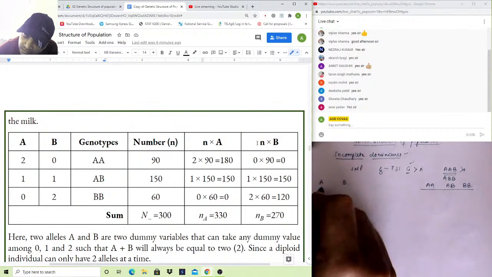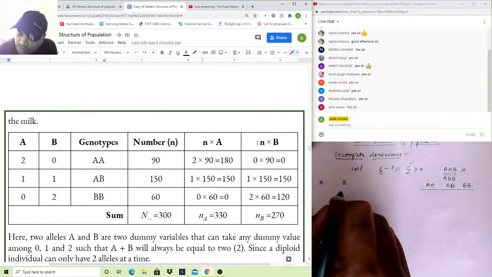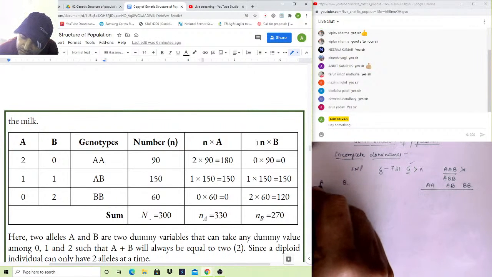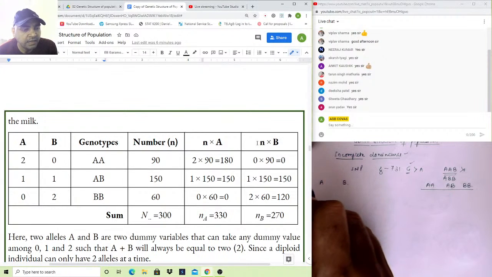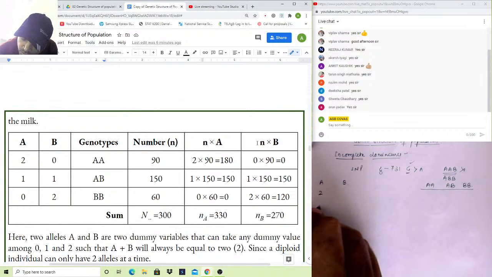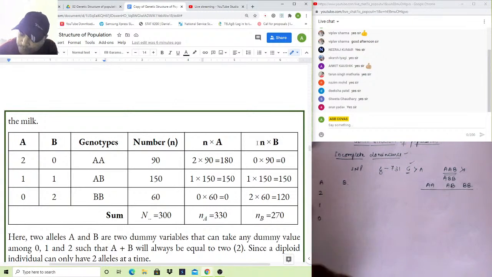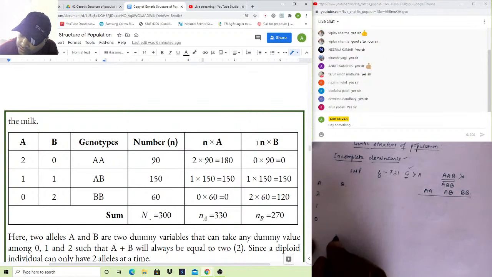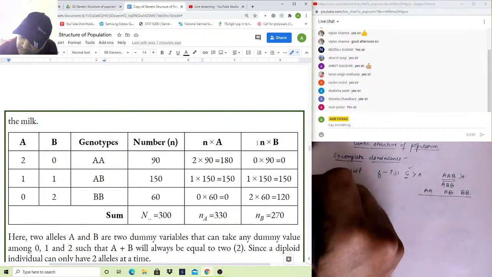So this will be shown by the dummy variables we will be using. The dummy variable for one of the alleles will be assigned randomly. Say for example, I assign 2, 1 and 0.